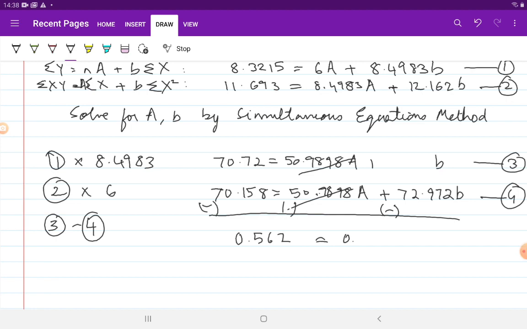That'll be 50.9898 A plus 72.22 B. So when I subtract, I'll get 0.562 is equal to negative 0.752 B. So B is equal to, not 0.972, 0.752.